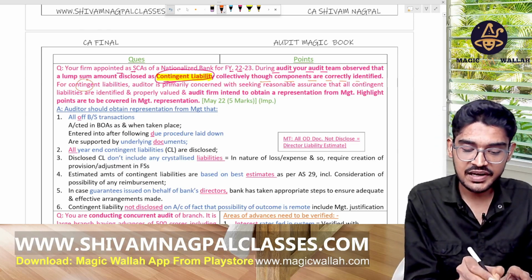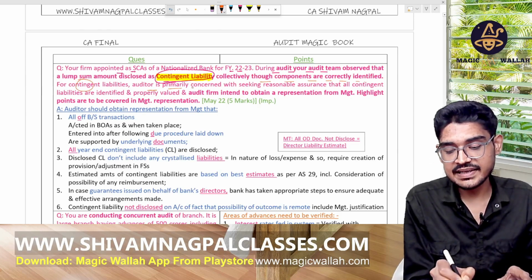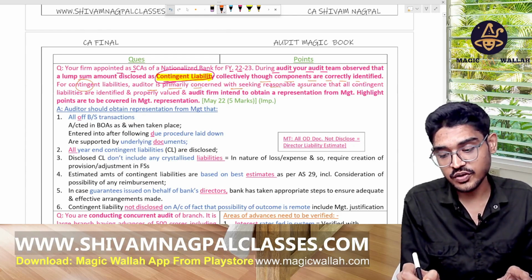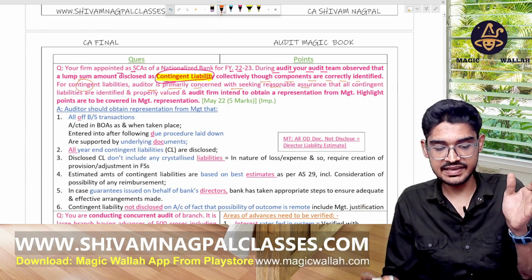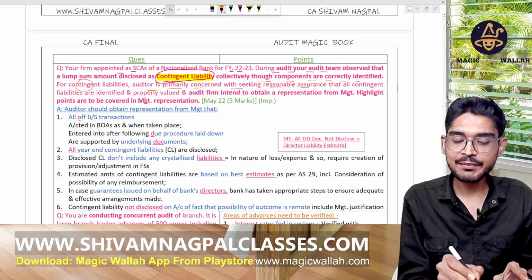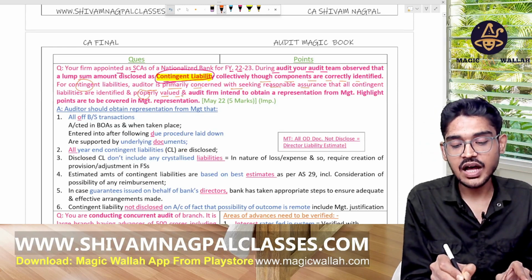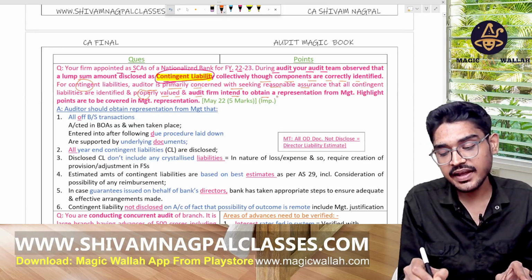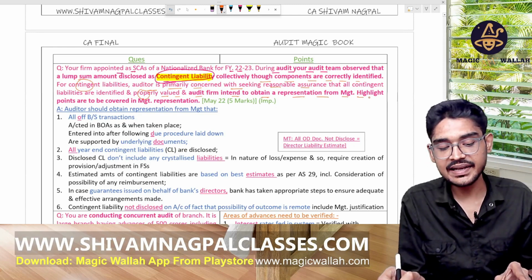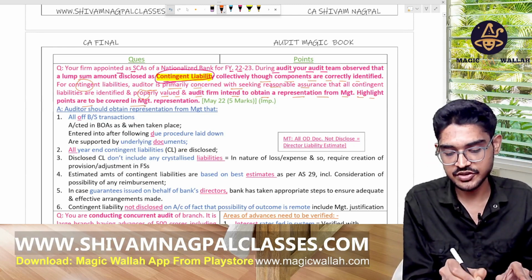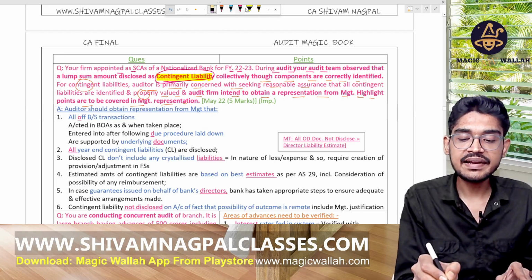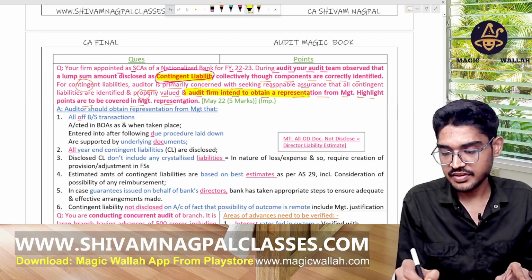For a contingent liability, the auditor is primarily concerned with seeking reasonable assurance that all the contingent liabilities are identified and properly valued. The audit firm intends to obtain a representation from the management, highlighting the points to be covered. We will get it in writing from the management.